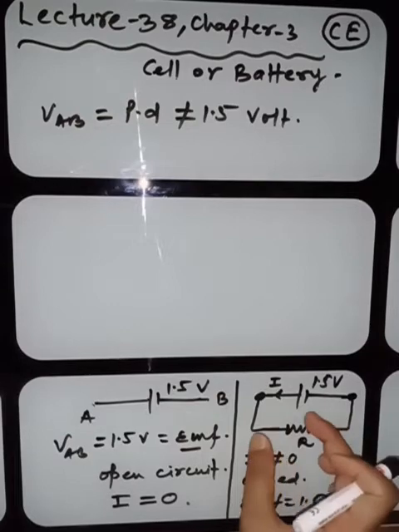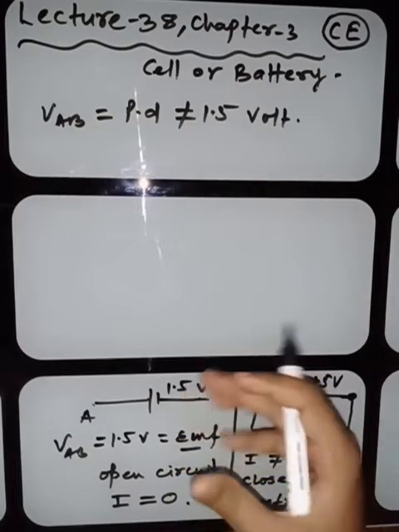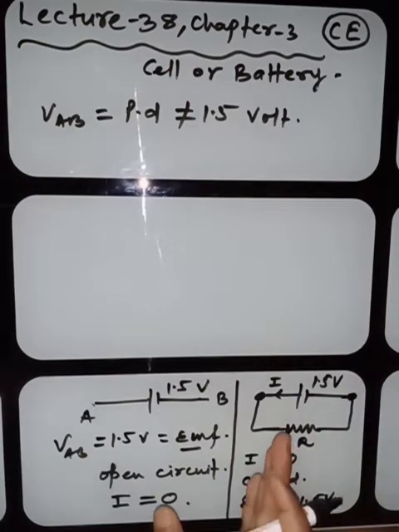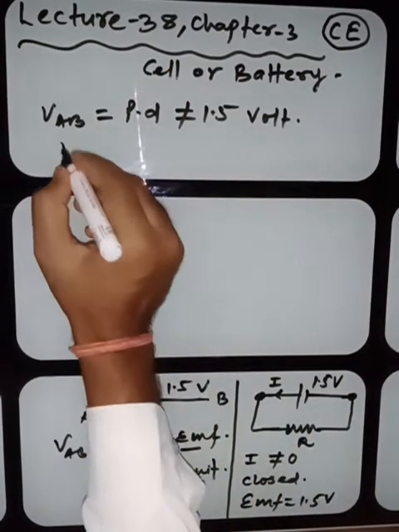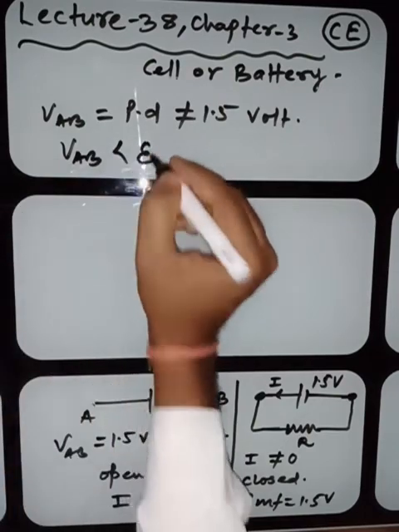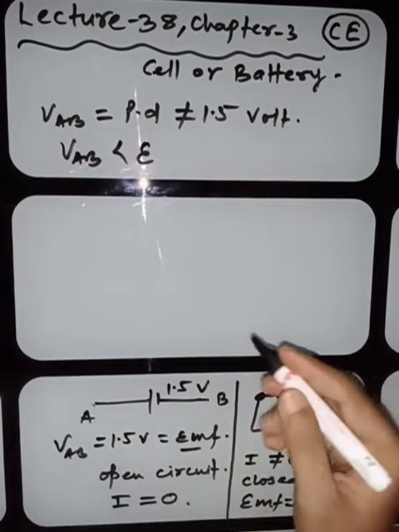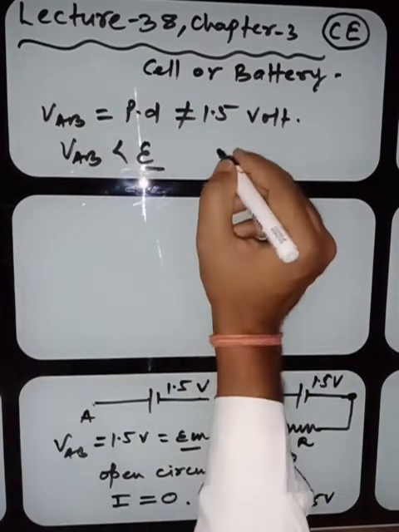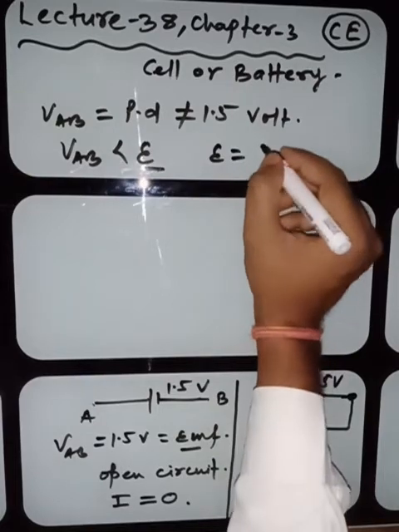So what happened to the potential difference, that we will study in very detail. Now when the circuit is closed, VAB will be smaller than EMF. EMF remains constant. It is E, 1.5 volt, and it is constant.